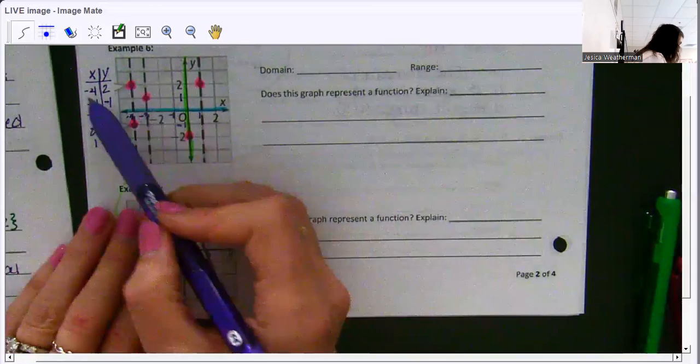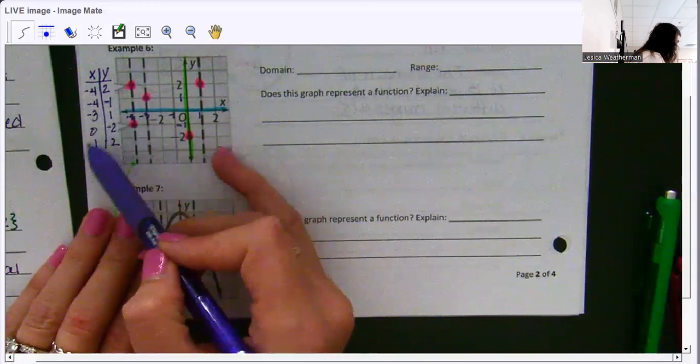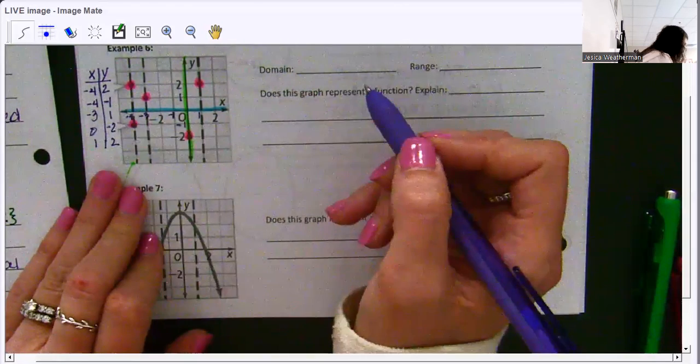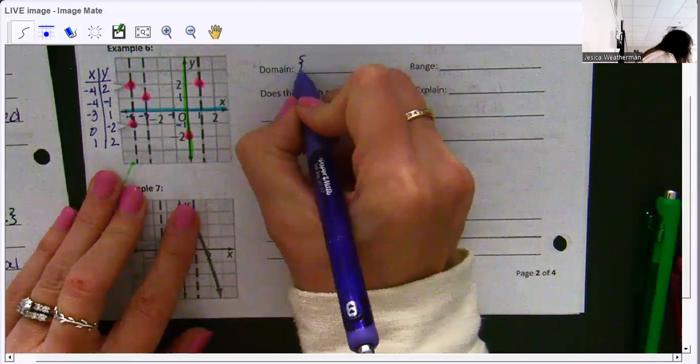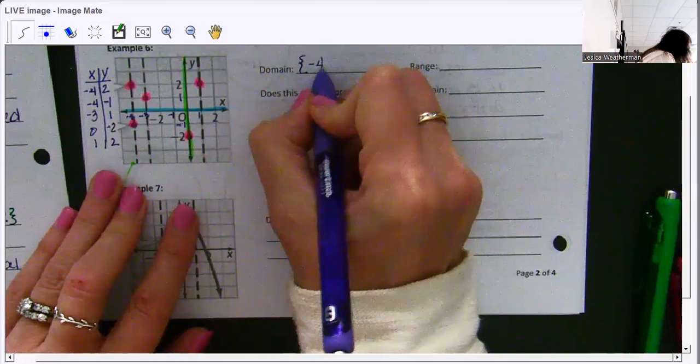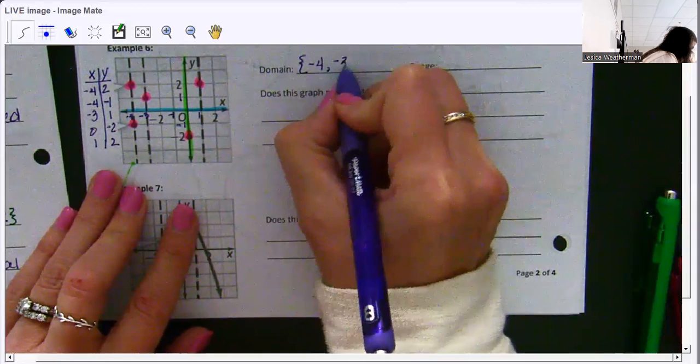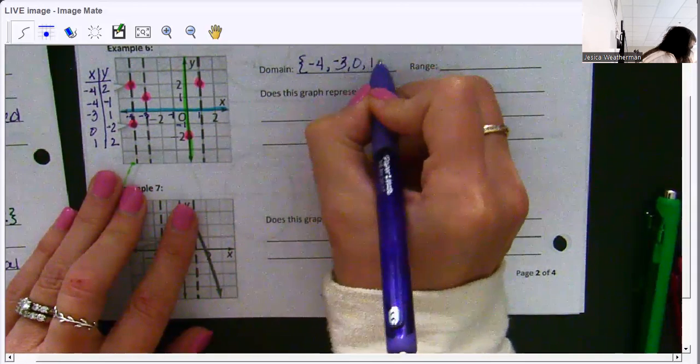So let's go ahead and you can use this table to create your domain, and they're already in order from least to greatest. So we have -4 that we only have to write one time. We have a -3, we have a 0, and we have a 1.